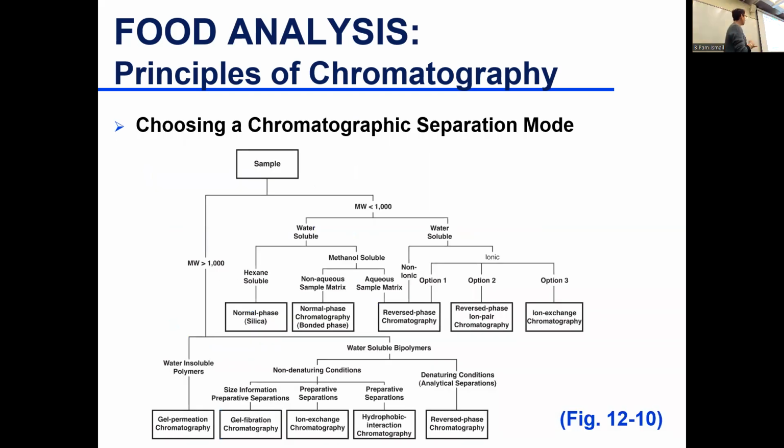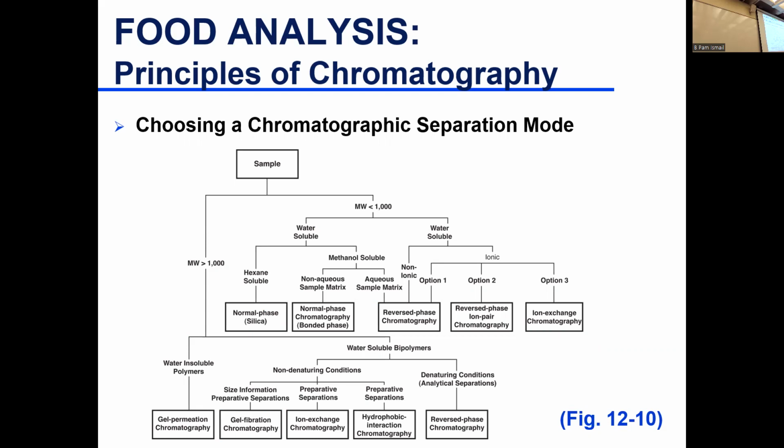Okay, so there are so many choices out there, and sometimes the same set of compounds can be analyzed in so many different ways. So water soluble compounds can be non-ionic, for example, or ionic. If they're non-ionic, you can do reverse phase chromatography.